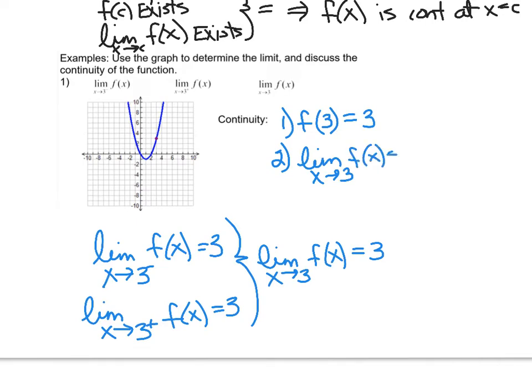That's also equal to 3. So when that function value is equal to the limit, that tells me that the function is continuous at x equals 3. So that's the step-by-step process that we need to go through to discuss the continuity of the function.